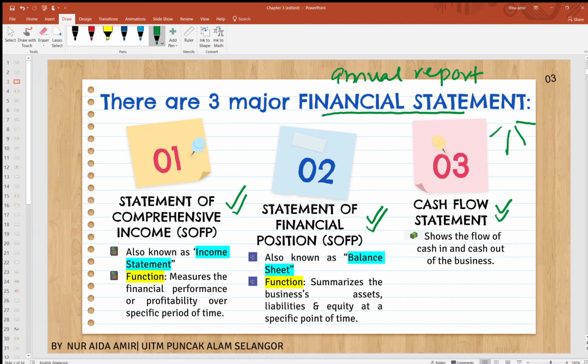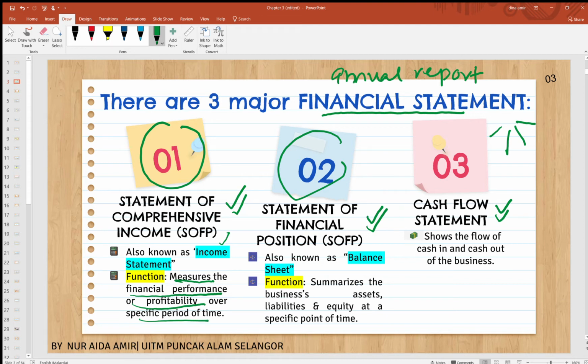But today we will cover only this and this. The statement of comprehensive income is known as the income statement. Its function is to measure the financial performance or profitability over a specific period of time.